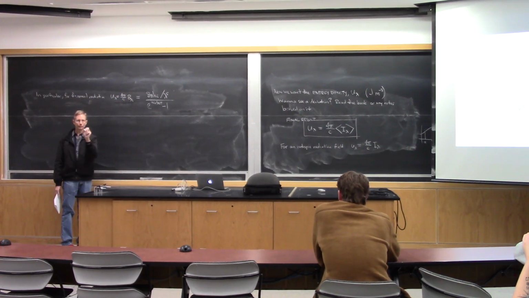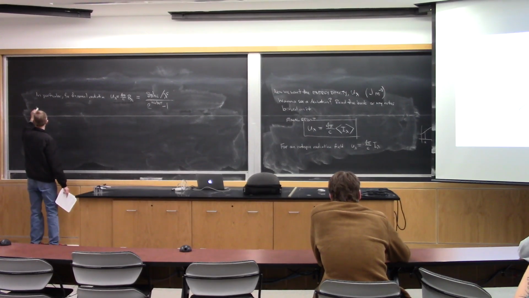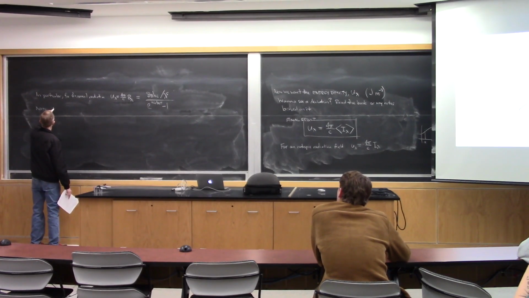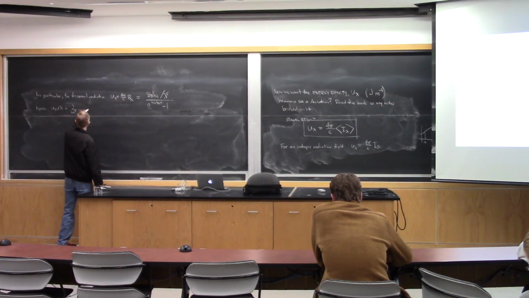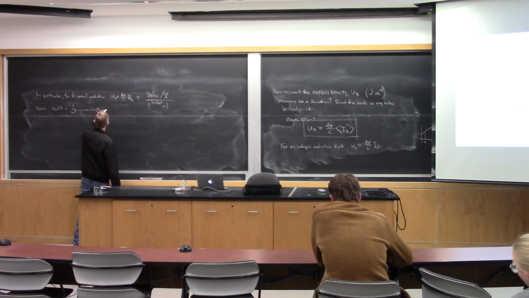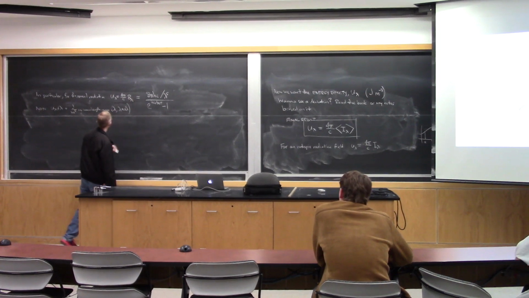U lambda is the wavelength-specific energy density, where U lambda d lambda is energy per cubic meter. So note, U lambda d lambda equals joules per cubic meter in the wavelength range from lambda to lambda plus d lambda.